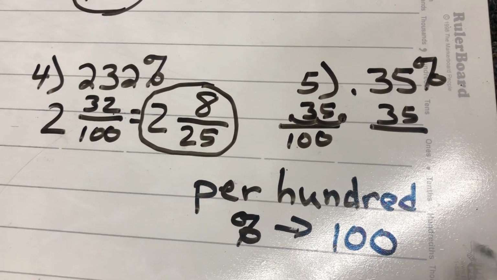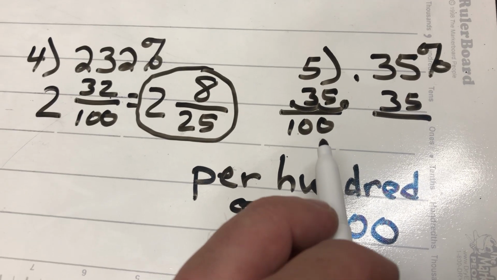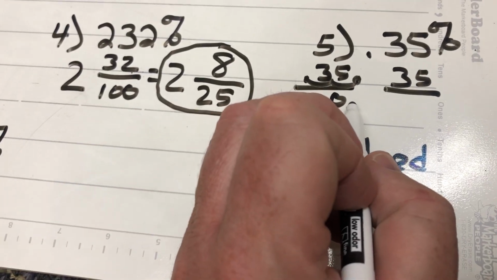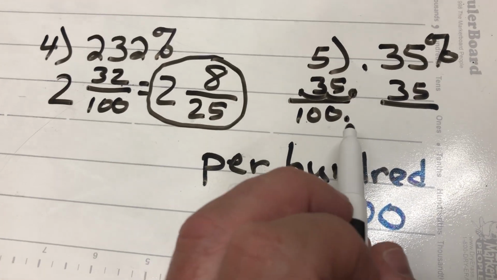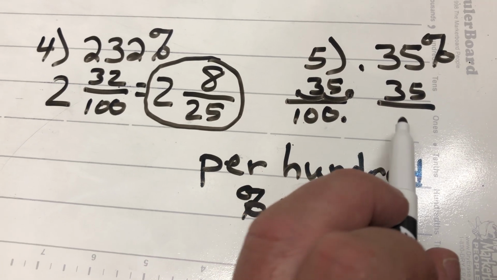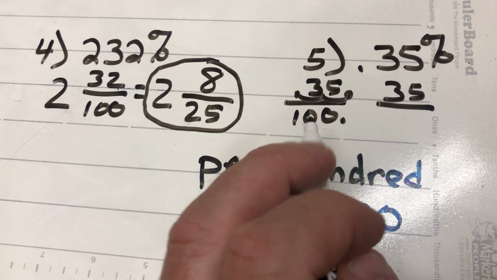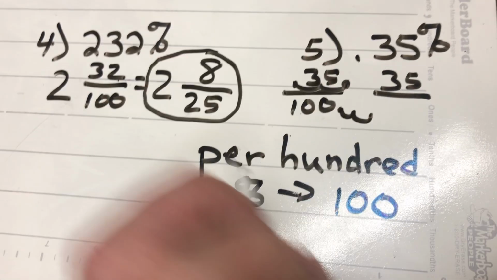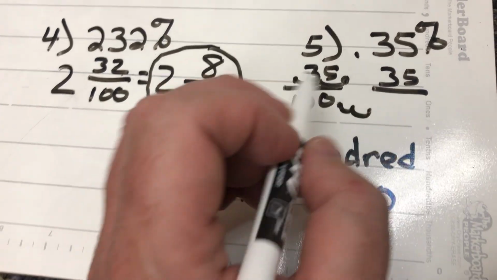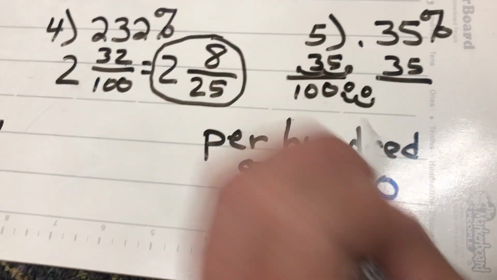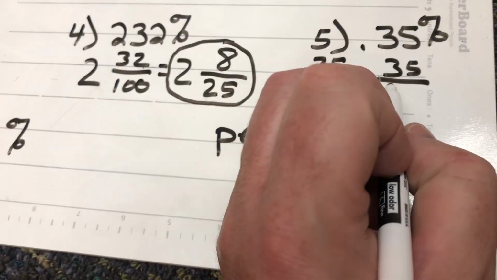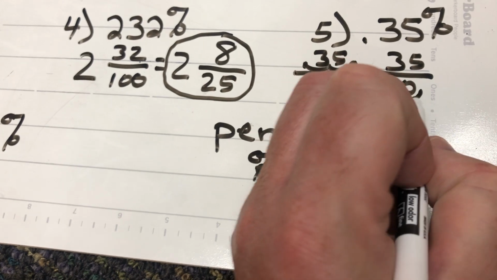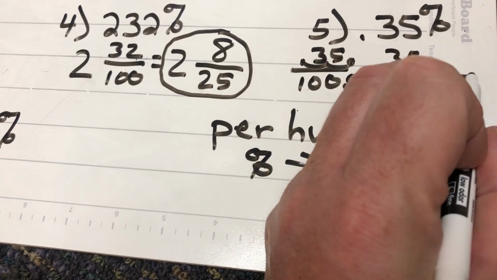Well, you might think, well, Mr. Swack, there's no decimal in the number 100. Well, you're right, but technically there is, because remember, I can add a decimal and zeros, and it's still worth 100. So I could actually take this decimal and move it twice, just like I did this one, and fill these empty spots with zeros, which means I end up with 35 over 10,000.